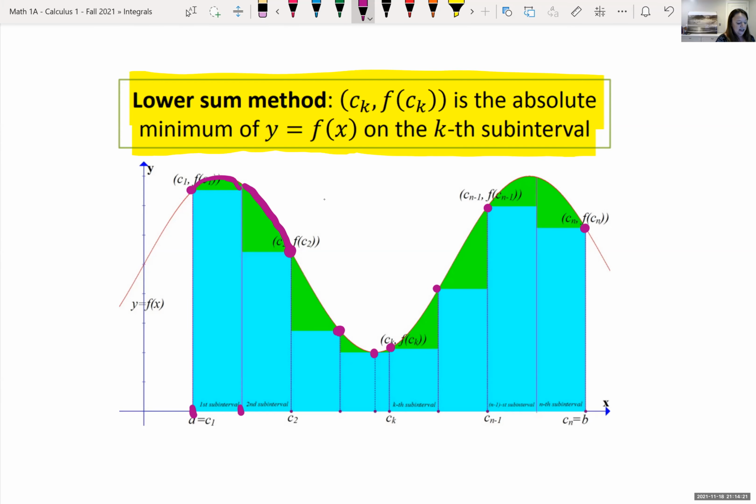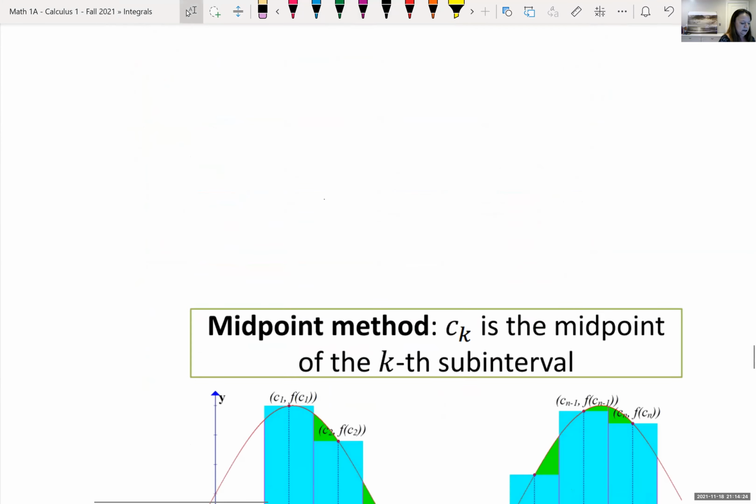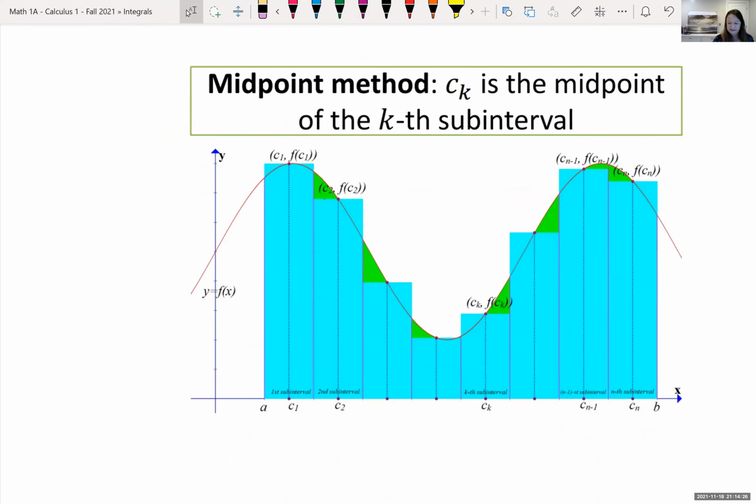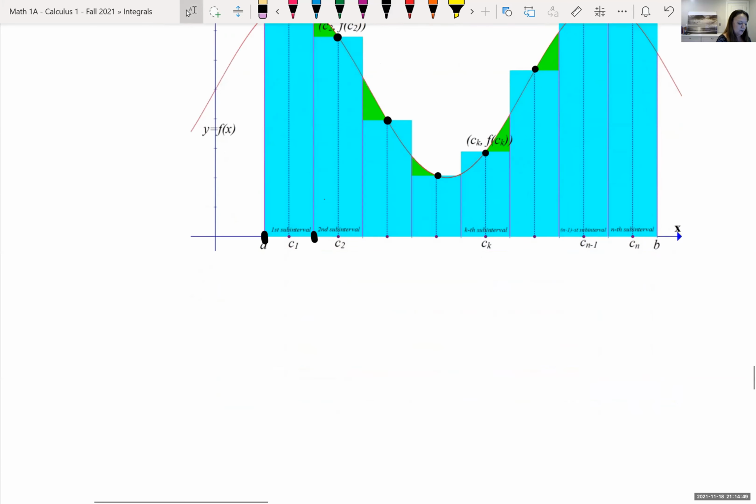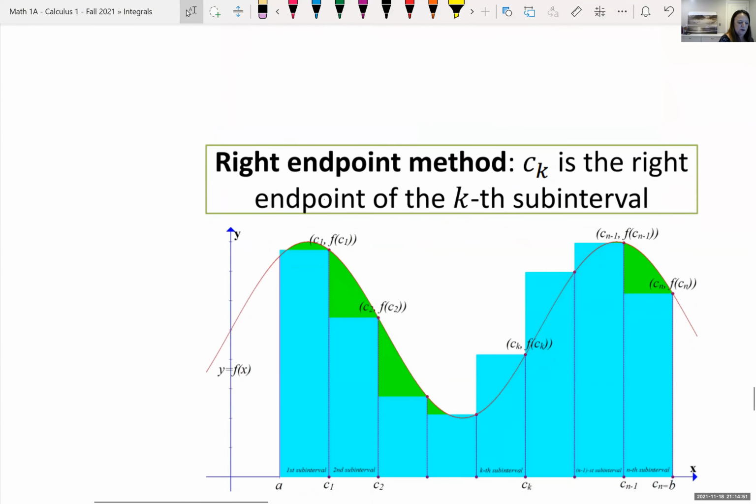The other one is looking at the midpoint. This is where you have some sub-interval, and you're just taking the midpoint in between those values. We have the left and the right endpoint method also.